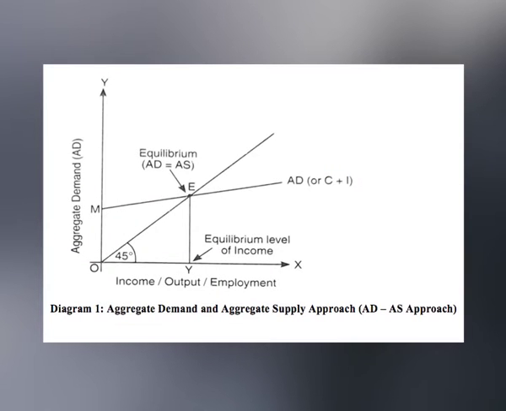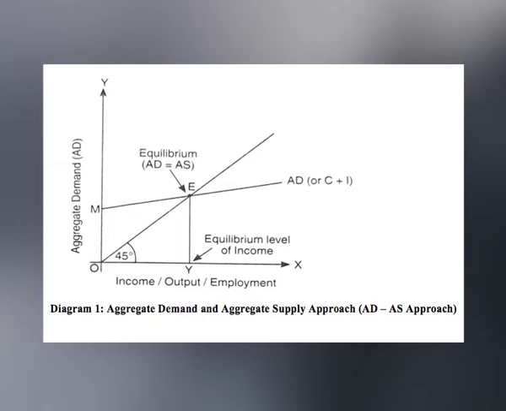Thus, the AD curve in the study of income calculation is defined by the C plus I curve. The AD curve starts above the origin, because AD is the sum of consumption and investment, and consumption can never be 0.